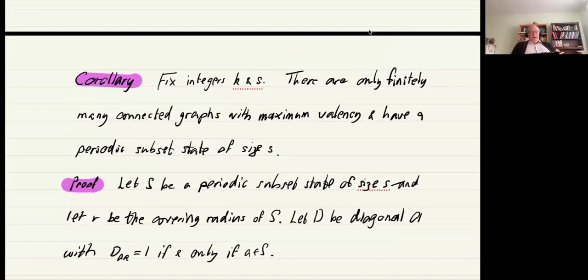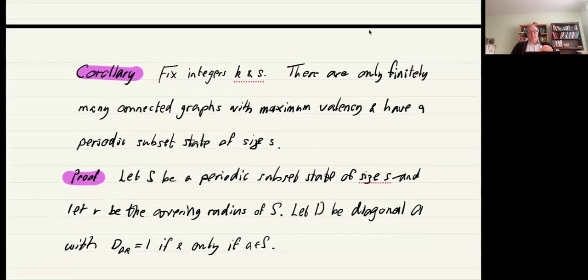Then I claim there are only finitely many connected graphs with maximum valency k which have a periodic subset of size s. So there are two parameters, k and s.